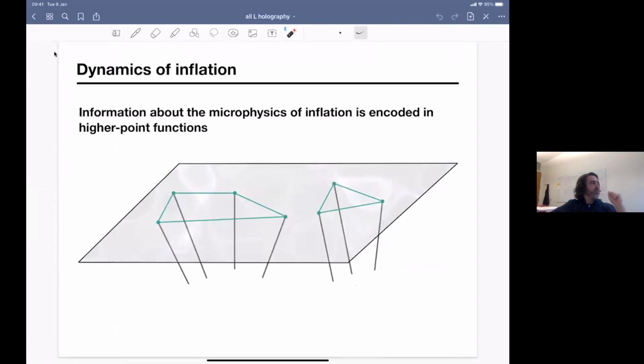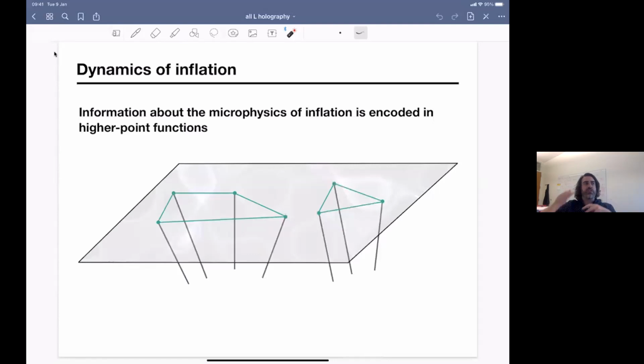So if we want to really learn something about the microphysics of inflation, we need to extract information about higher point correlation functions. This simplest thing I told you about the 2-point function is really a consequence of kinematics. If you thought of writing down some effective field theory description of inflation, the 2-point function is really controlled by the free part of the effective action.